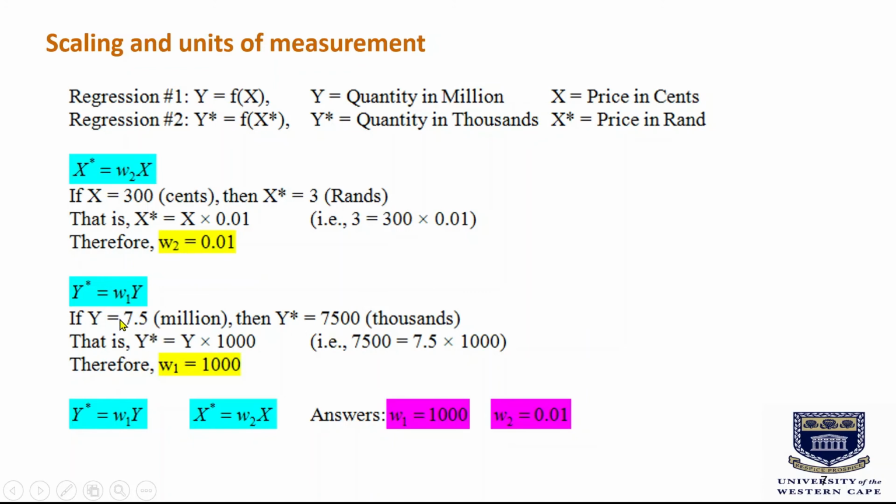If you have 7.5 million, that's the number together with the measure, it gives you the value. You want to change the measure from millions to thousands. What do you have to do to that number so that the value remains the same? In this case, you have to multiply by 1,000, right? Because 7,500 thousands is the same as 7.5 million. So that's another way of arriving at W1 and W2.